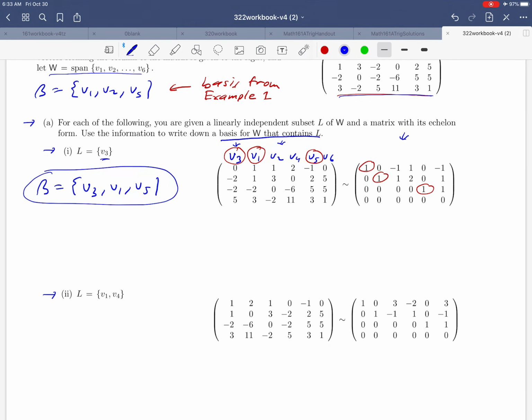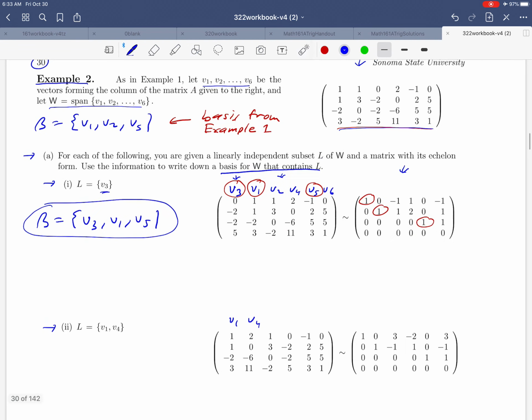So part 2 starts us off with a set that contains the vectors v1 and v4. We would like to come up with another basis for W that contains those 2 vectors. So what we do is make sure that when we write down our matrix, v1 and v4 are the first 2 columns.